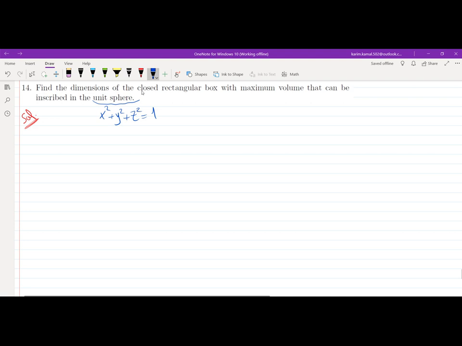If you imagine with me what we need to get: we have a sphere or a ball in the XYZ plane, and we need to inscribe in it a rectangular box like this.